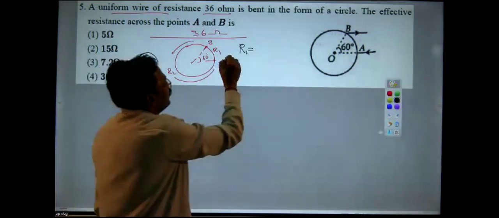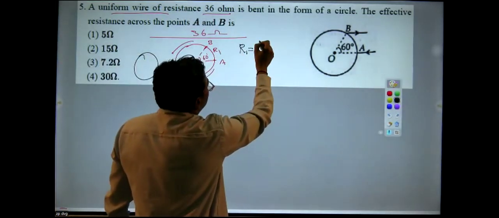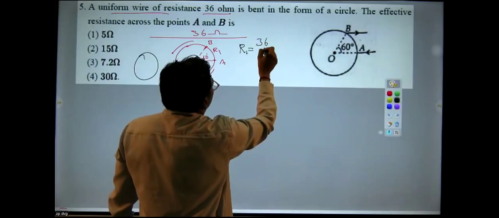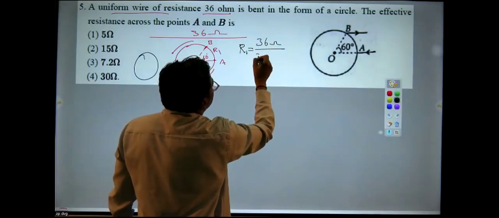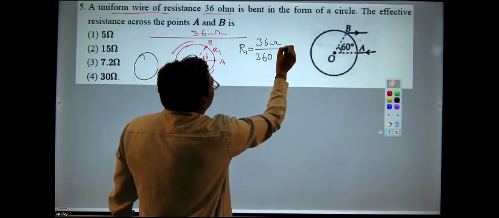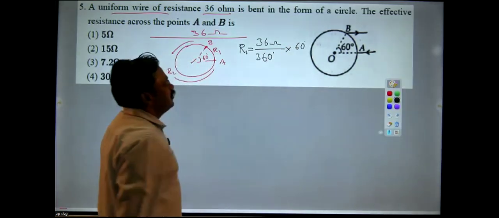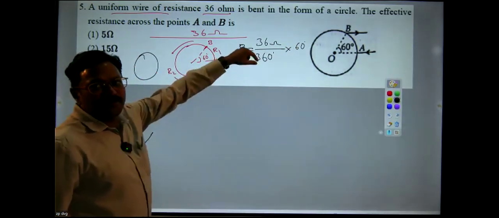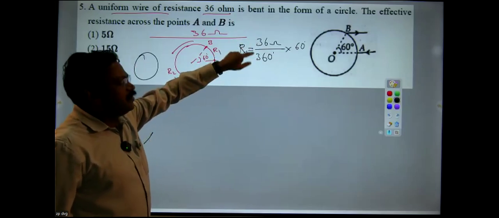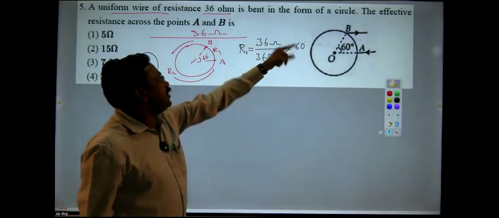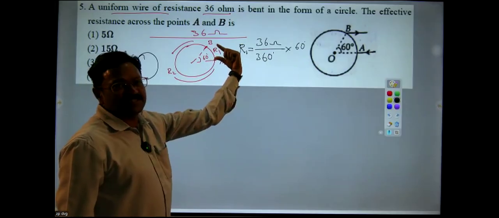So let's find out the value of R1. R1 ಎಷ್ಟಾಗುತ್ತೆ? Total resistance 36 ohm divided by 360 into 60 degree. Okay, 36 divided by 360 will give the resistance per unit angle. Resistance per unit angle multiplied by angle subtended here, which is 60 degree.